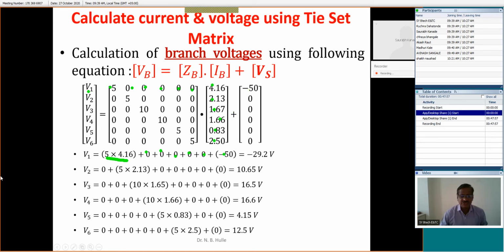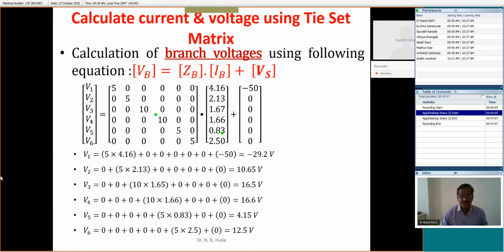Plus this minus 50. If we do this calculation, its value is about 20 point something, and with minus 50, its value is 29.2 volts, the voltage across the first branch, V1.